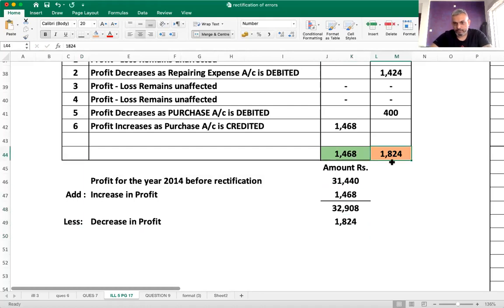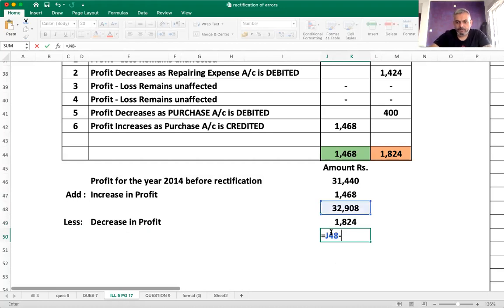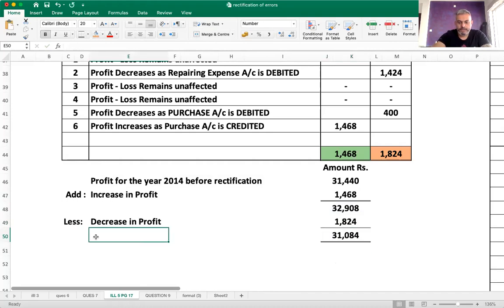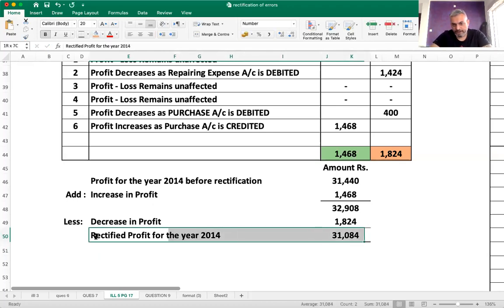So let's see what's the net amount. So 32908 minus 1824. So you get 31084. I double underline it. And this is going to be your profit or rectified profit for the year 2014. This is your final answer.